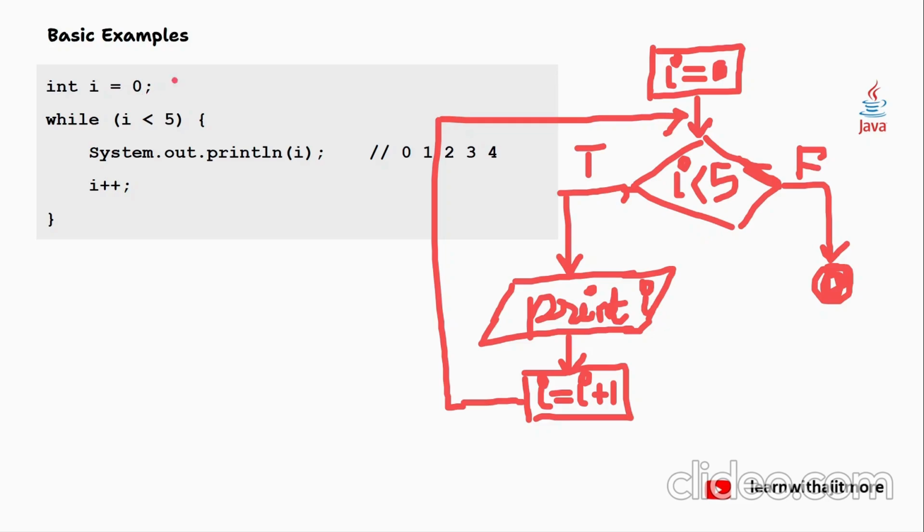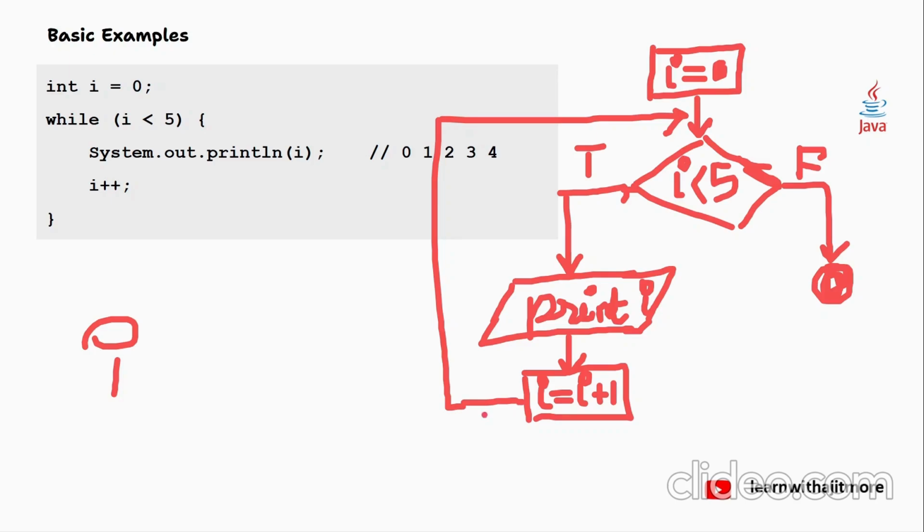So as I said, in our case, I is 0. Is 0 less than 5? True. Print that 0. I equal to I plus 1. I becomes 1. Again come back and check. Is 1 less than 5? Yes. Print 1.